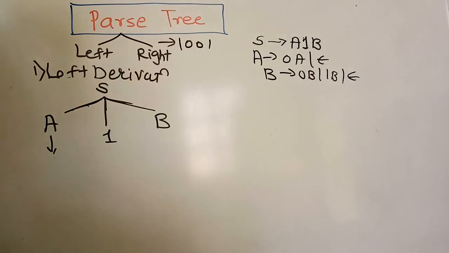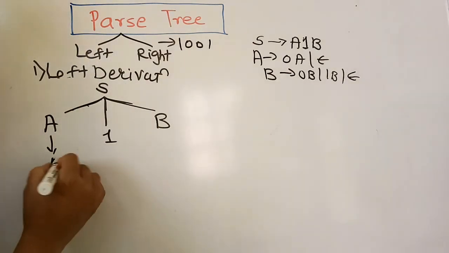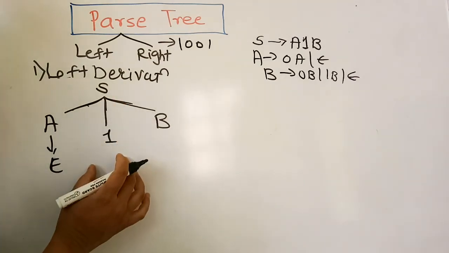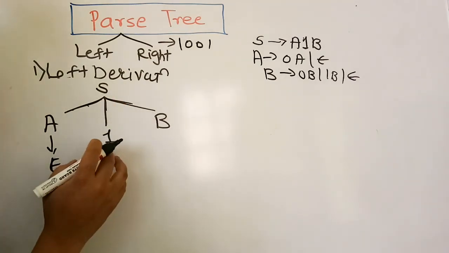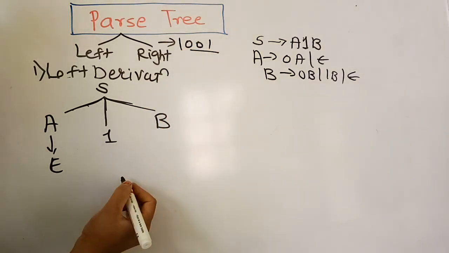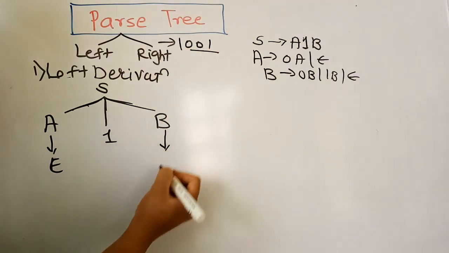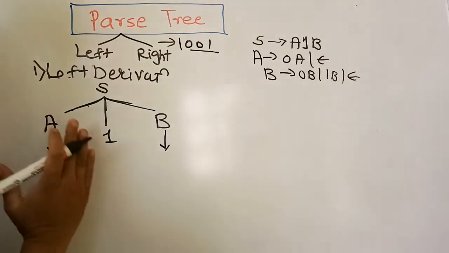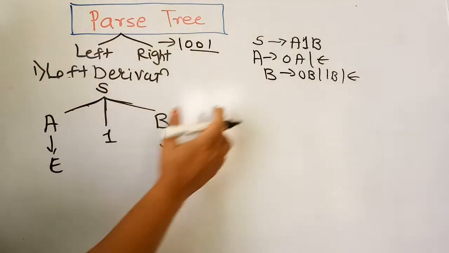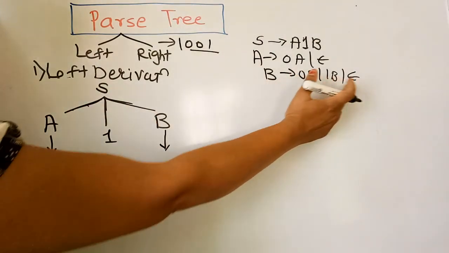So we will simply replace A by epsilon. Okay, coming to the next. We have derived the 1 automatically. So we have to only obtain the 001. Now coming to the B, because this part is over, this is also a ready-made part and we have to replace this. B has the 0B, 1B, epsilon productions.